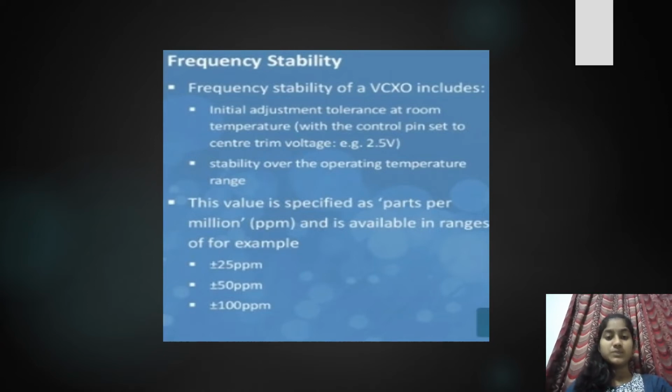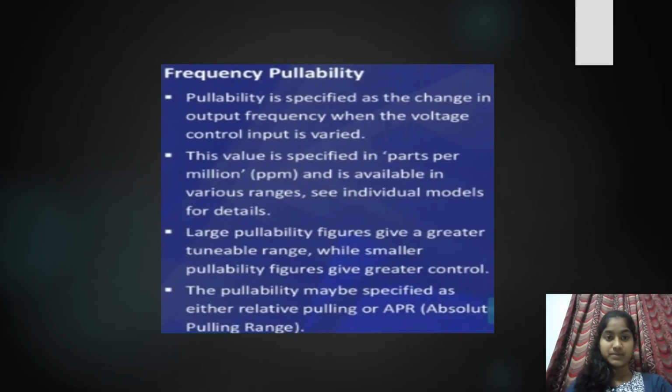This value is specified as parts per million, ppm, and is available in ranges of, for example, plus or minus 25 ppm, plus or minus 50 ppm, plus or minus 100 ppm.